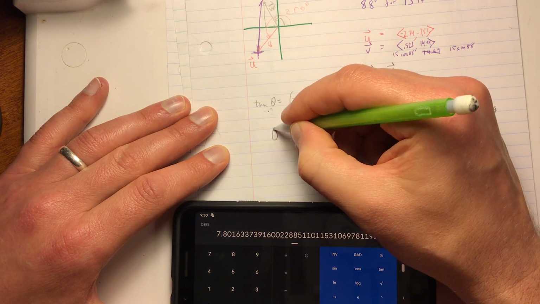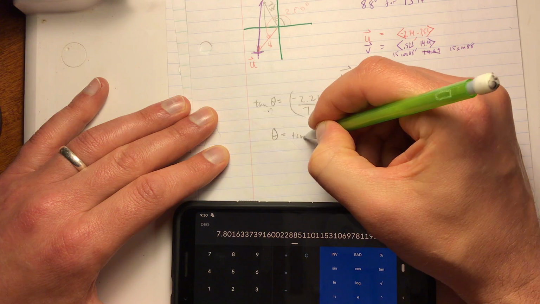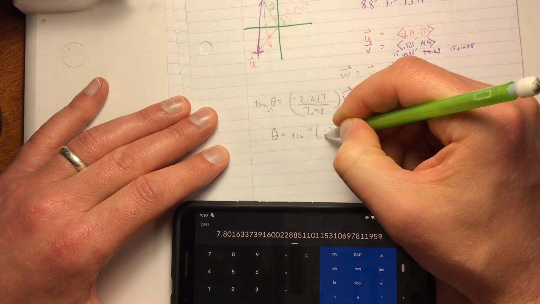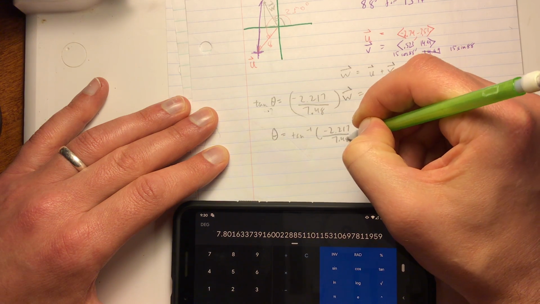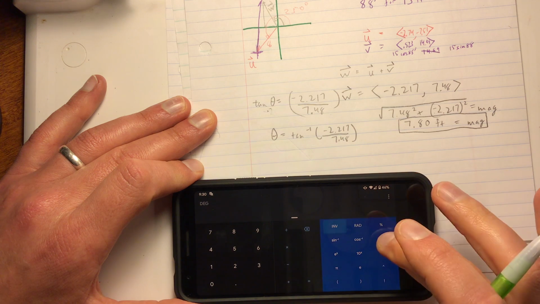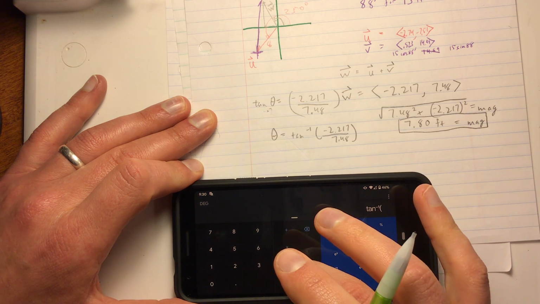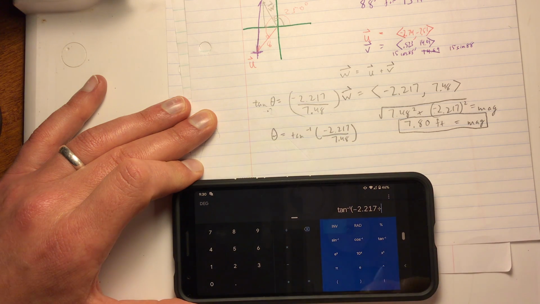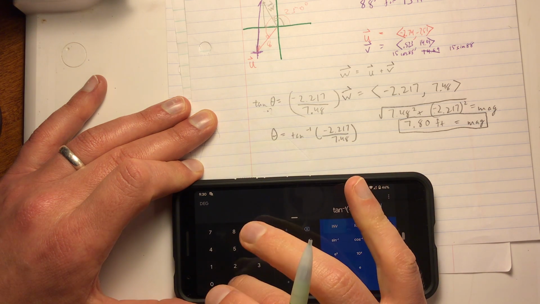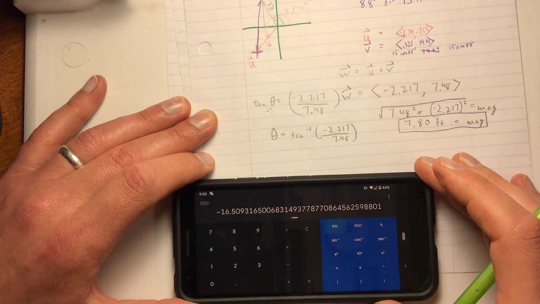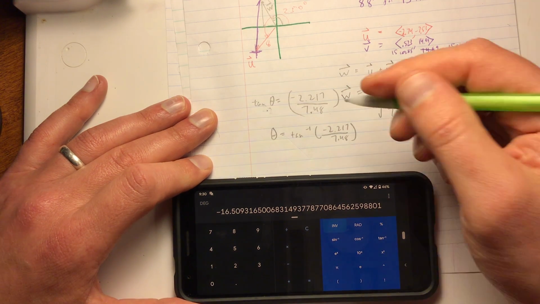So I'm going to take the arctangent of that. The arctangent of negative 2.217 divided by 7.48 gets me negative 16.5 degrees.